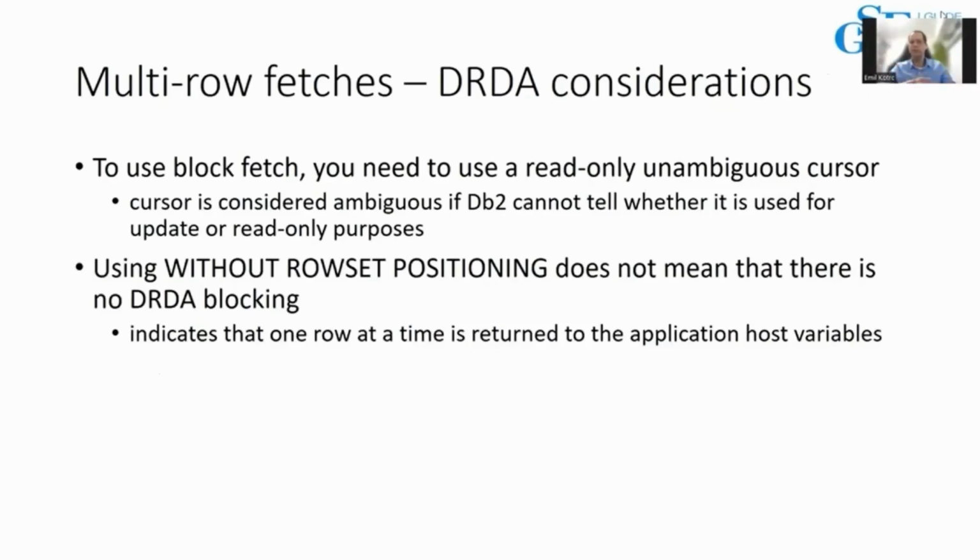So good practice here is always specify, if you're really just fetching data for read-only, that you are fetching for read-only. And if you are not using row set cursors, it doesn't mean that there is no DRDA blocking, in fact. DB2 optimizes the transfer across the network, so it will really move multiple rows, but your application will only get a single row.